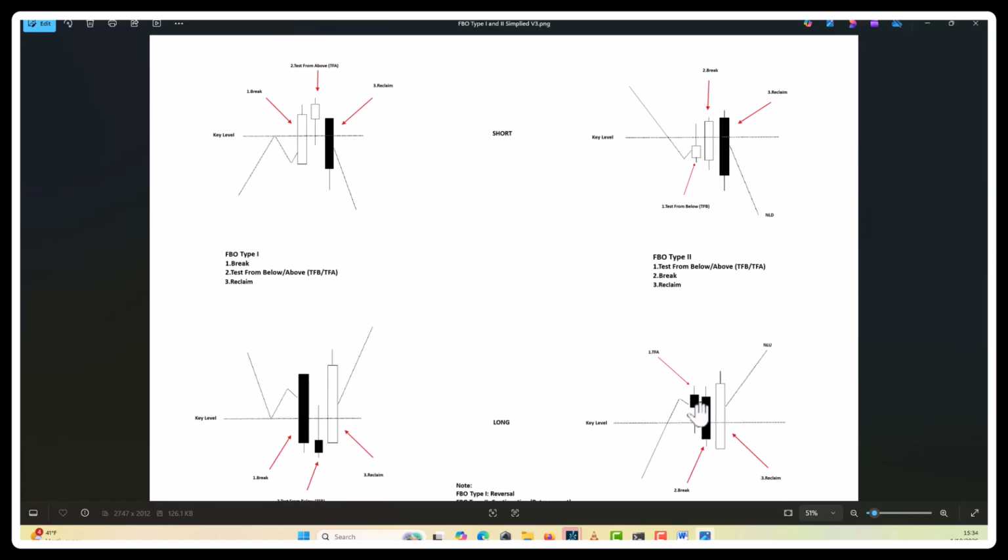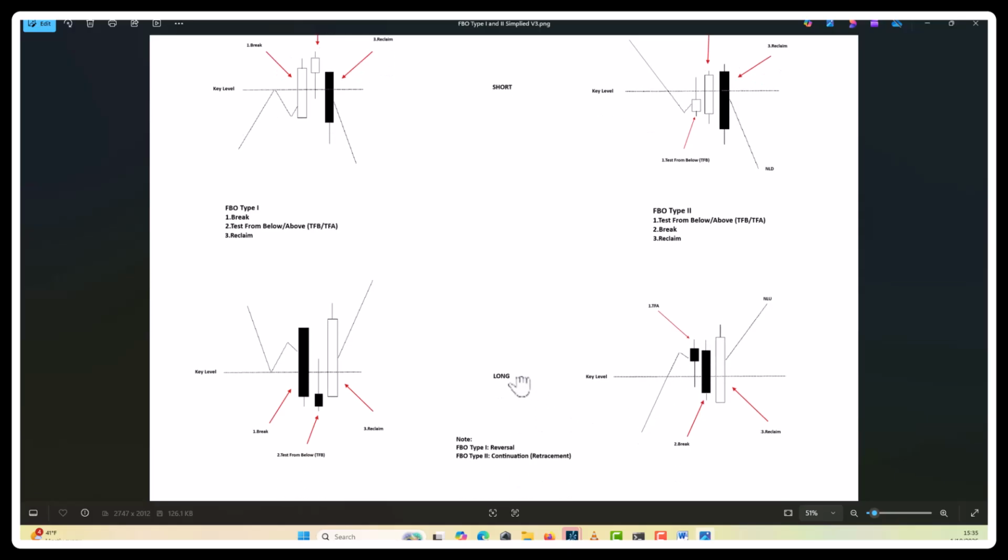Test and reverse. So we simplify that, and we observe that type 1 mainly happens on the reversal side. There are always exceptions, right? But largely, type 2 happens for continuation.